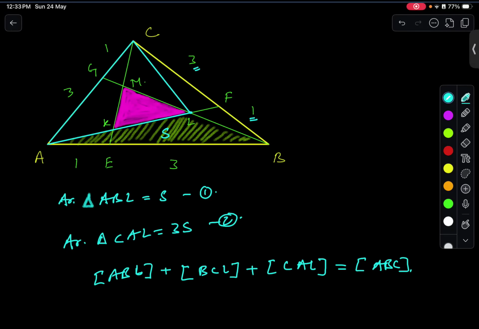Okay, everyone, can anyone help me out? What is the area of BCL in terms of S?